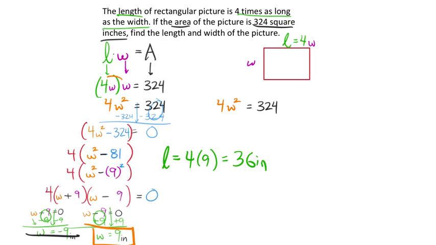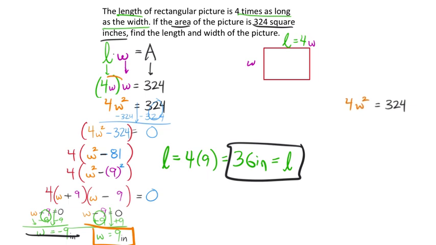Well, 36 times 9, enter. And yeah, it shows me 324 again. Okay, so now I know that I have a width of 9 inches, and I have a length of 36 inches. That was really fun for me because I'm a math nerd.